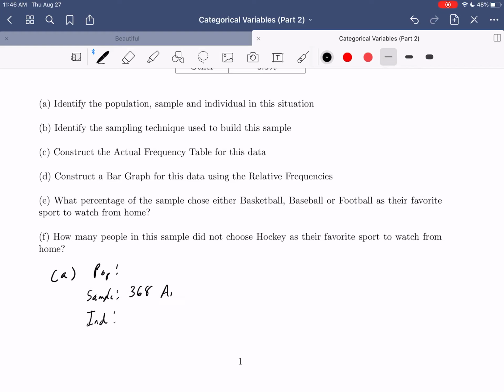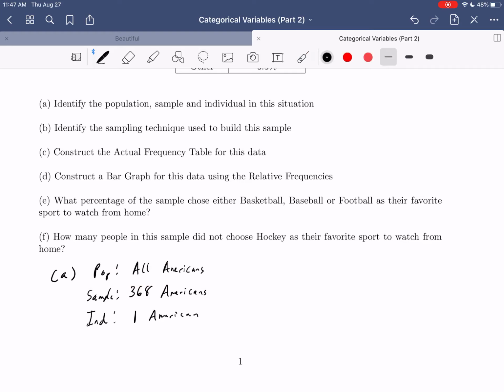If you wanted to be really specific, you could say 368 Americans, since that was telling us where we drew them from. So 368 Americans. What's the individual then? Well, it would just be one American or one person, and the population would be all Americans. That's who we were trying to study, and we're hoping that those 368 people that we actually talked to in some way represent all Americans across the country.